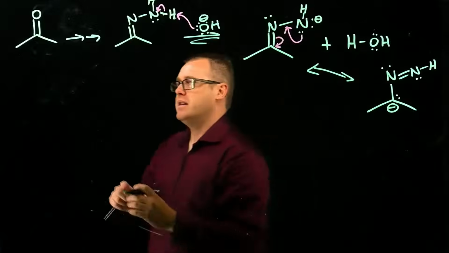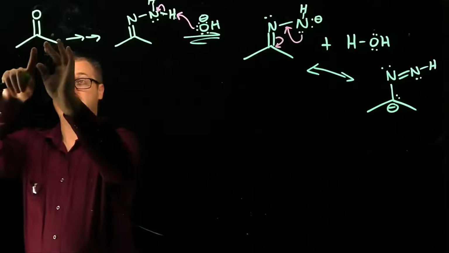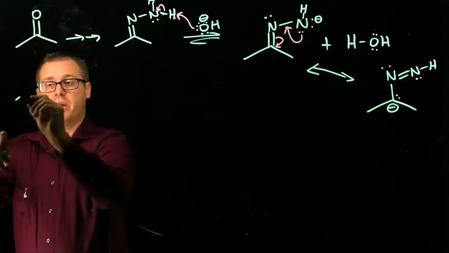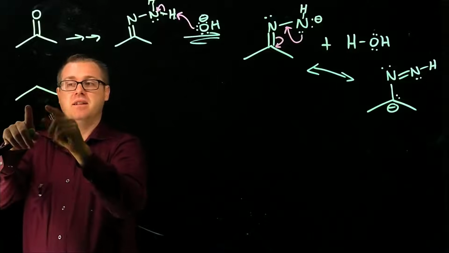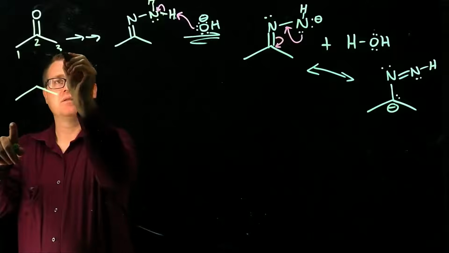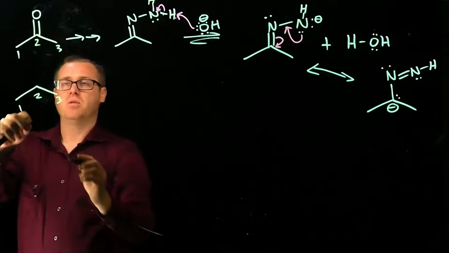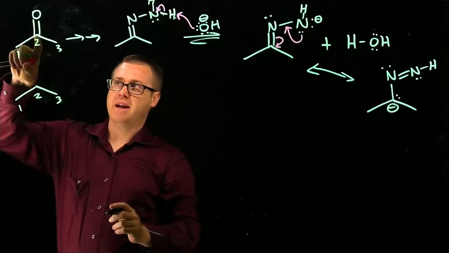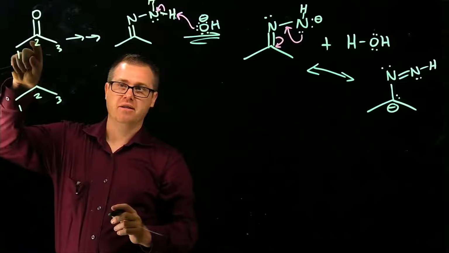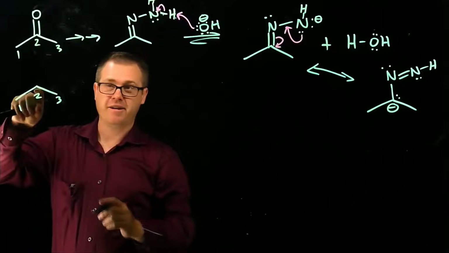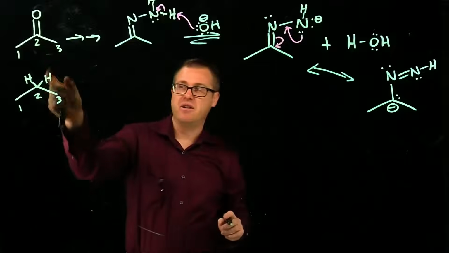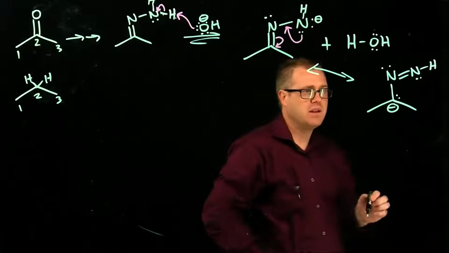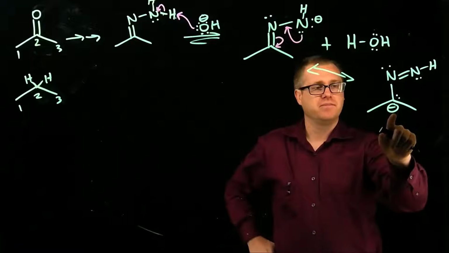Because if we take a step back and say, hey, this ketone is going to be turned into this alkane. So if we number the carbons, what do you see? How many hydrogens are on carbon 2 here? 0. And then how many are here? There's 2. So we have to add 2 hydrogens to carbon 2. So that's electron rich.